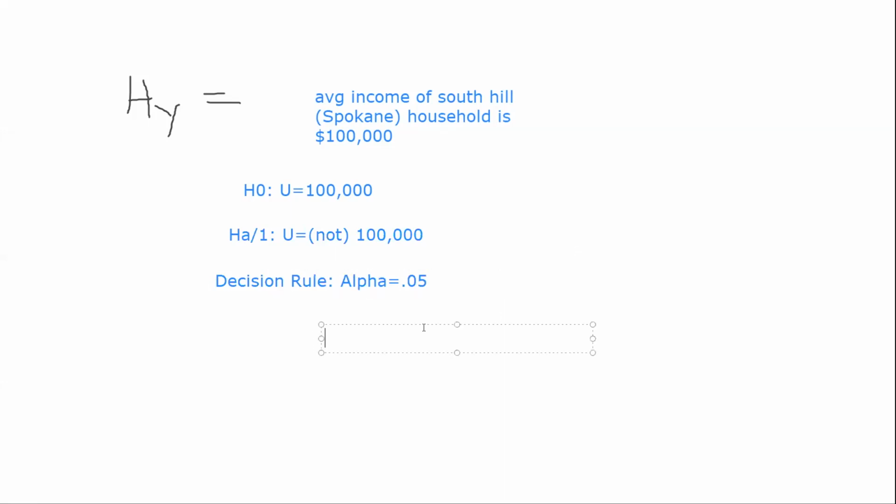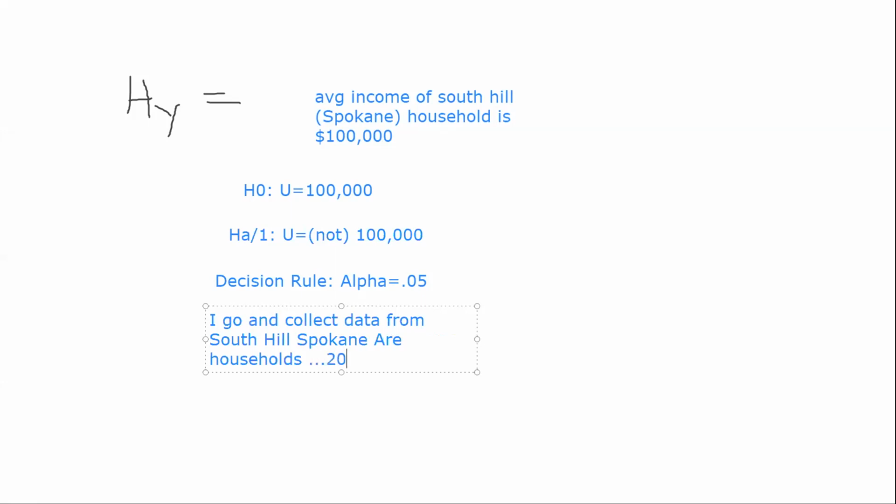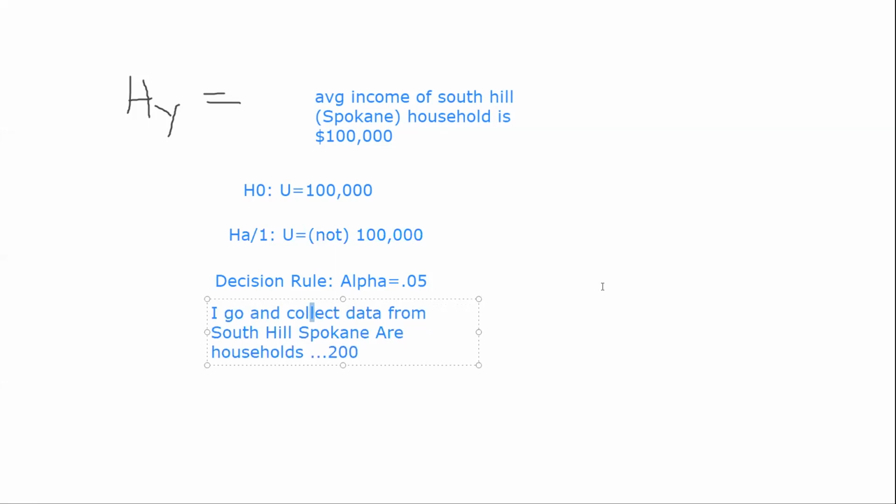Now the fourth step is how I can decide. I don't have data, so I go and collect data from the South Hill, Spokane area households. Let's say I collected 100 households, and since I don't know the standard deviation, I calculate the t-test statistic.